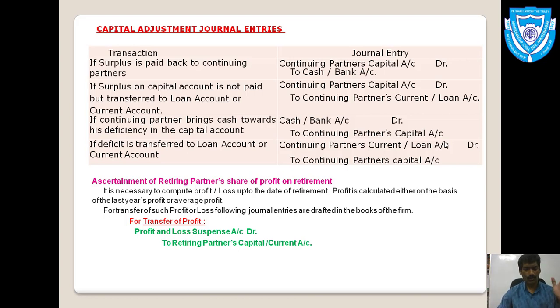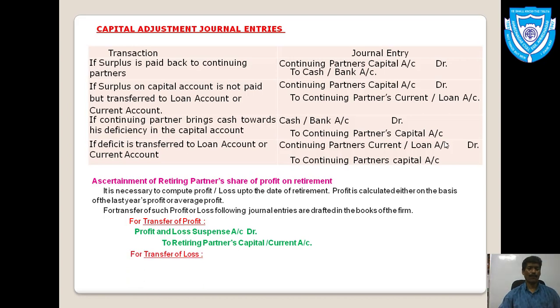First, profit and loss account is opened because the accounts are not yet closed, and that is why one temporary account is opened, which is profit and loss suspense account, and it is debited and to retiring partner's capital oblique current account. तो जो हिस्सा आहे तो त्याच्या कॅपिटलला क्रेडिट केला जातो.